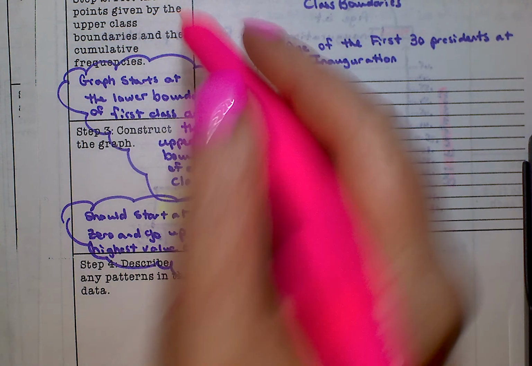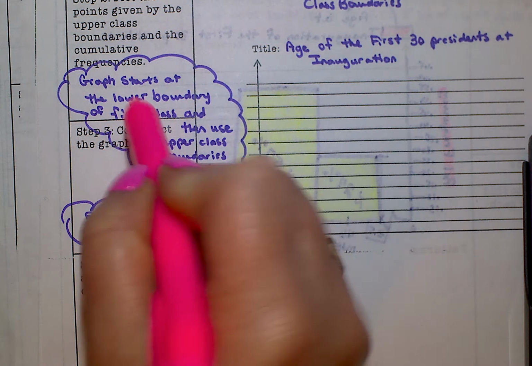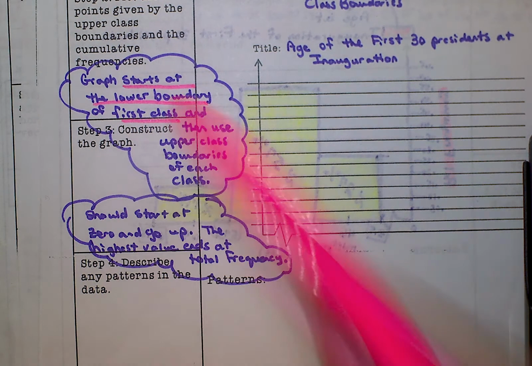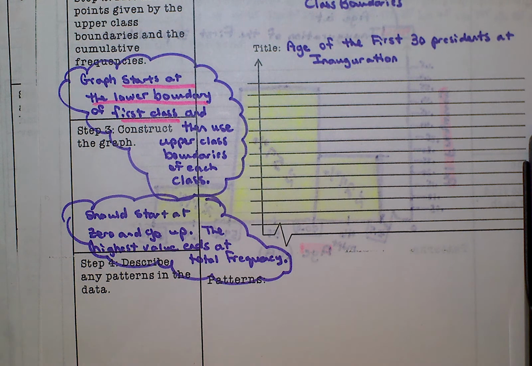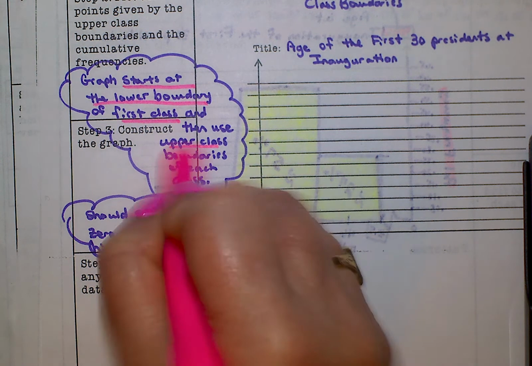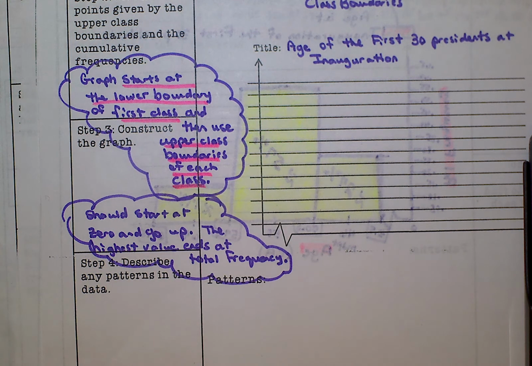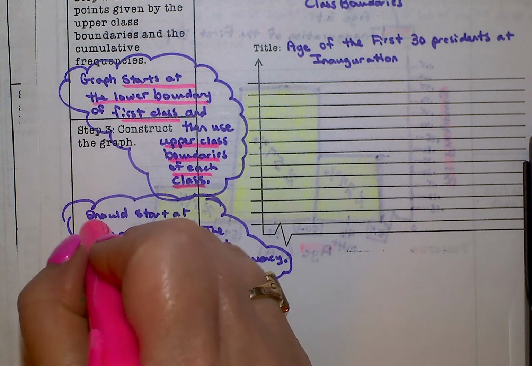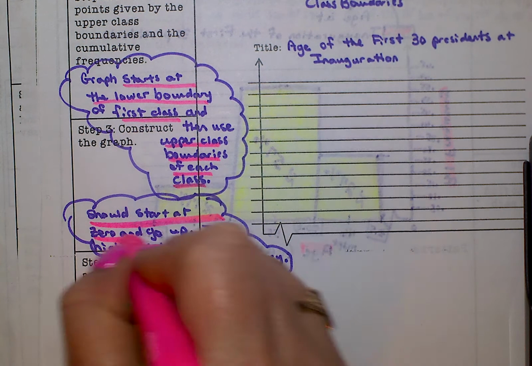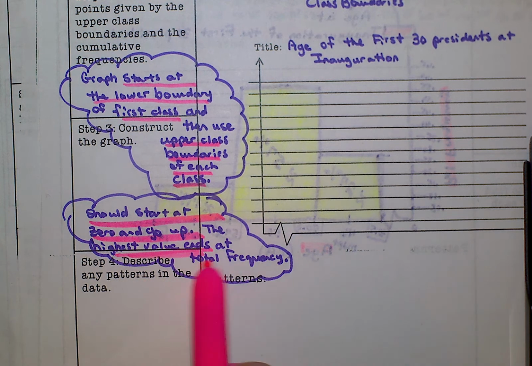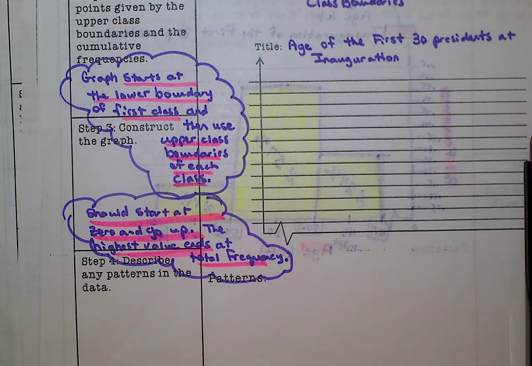The graph starts at the lower boundary of the first class. Then you're going to use your upper class boundaries. So what that means is you should start at 0 and go up. The highest value ends at the total frequency.